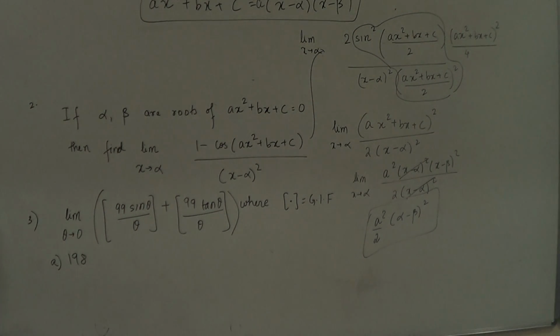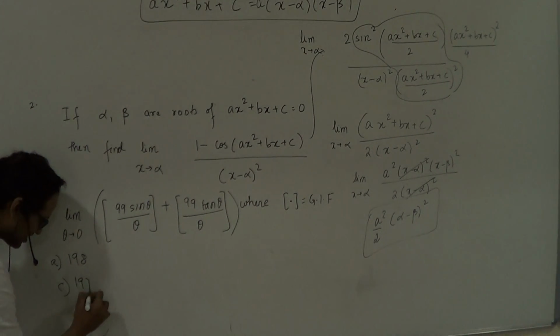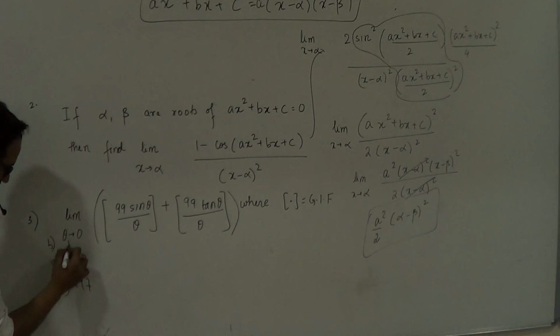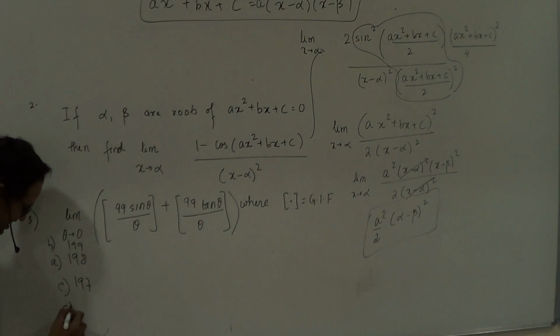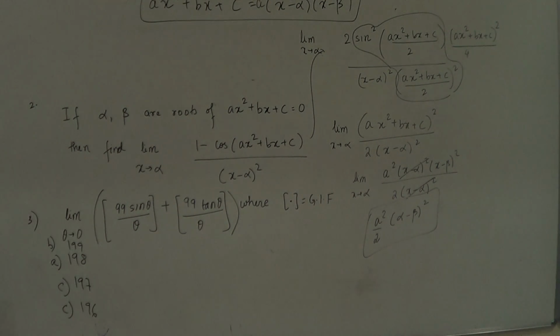198, which kids will see and mark. 197. See, if it's JEE Advanced, I want 199; in Main, I would have done that. 196. It's one of those. Options will be like this.